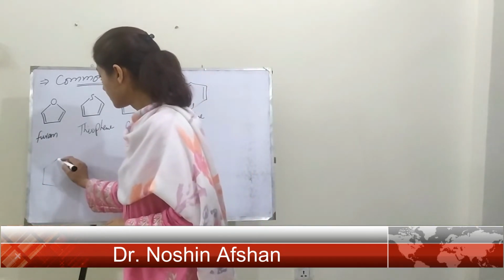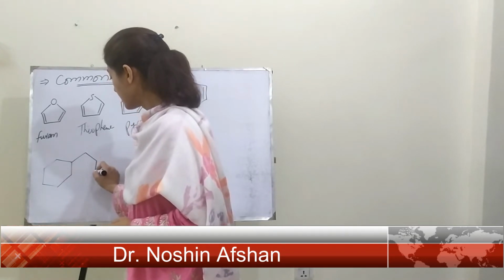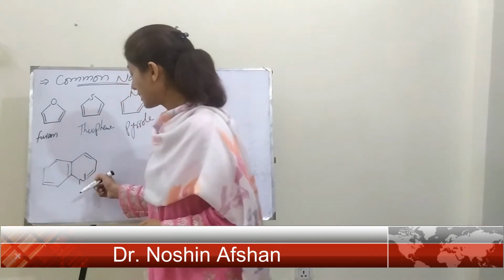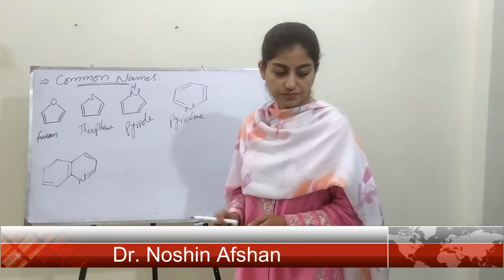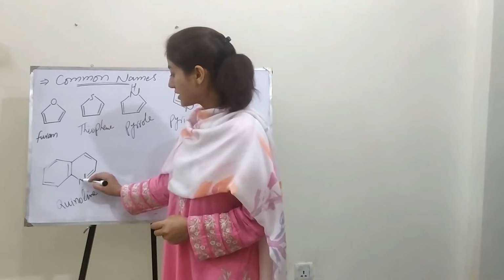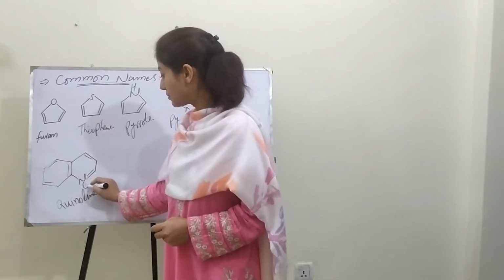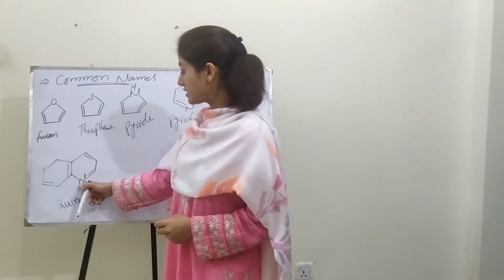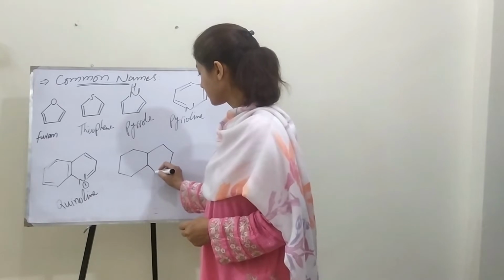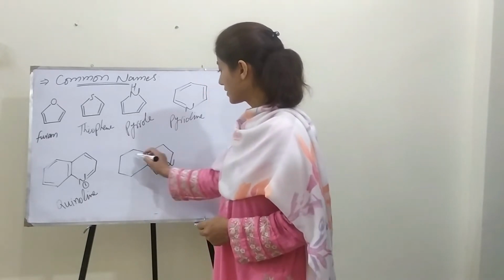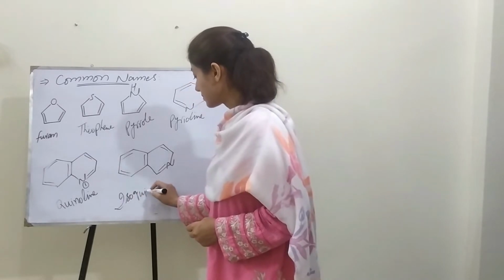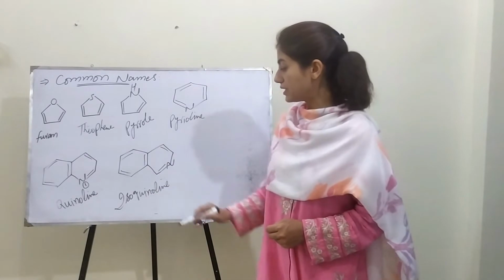For example, this heterocycle is called as quinoline, but if the nitrogen is here, this nitrogen is given number 1, and if this nitrogen comes to this position like this one, then its name would become isoquinoline. That is isoquinoline.